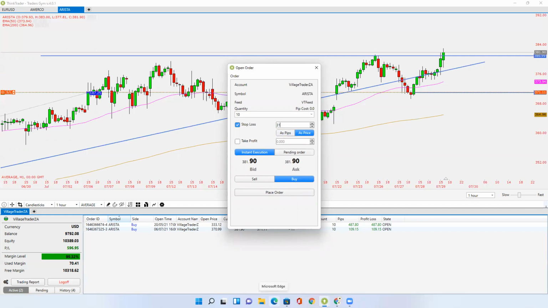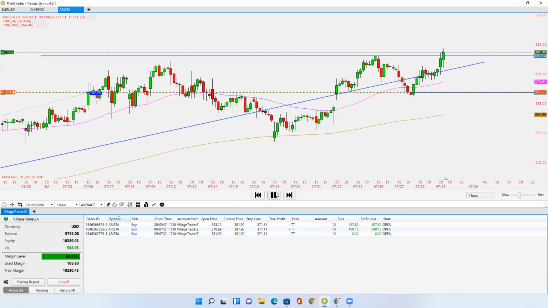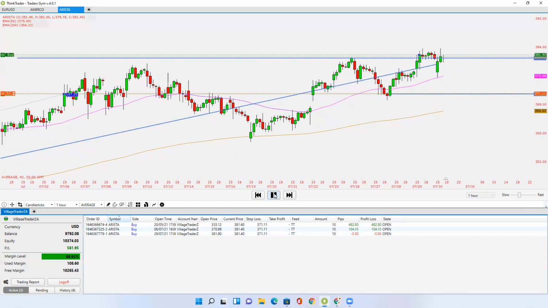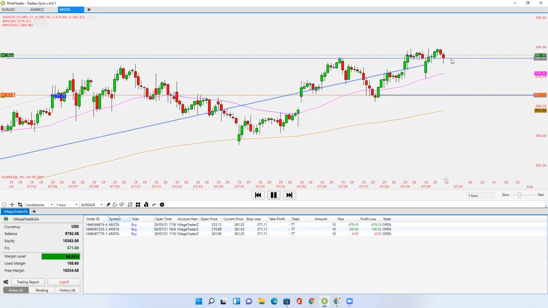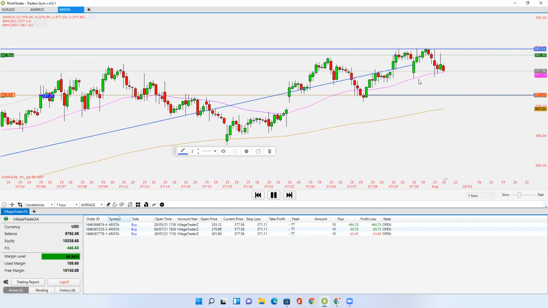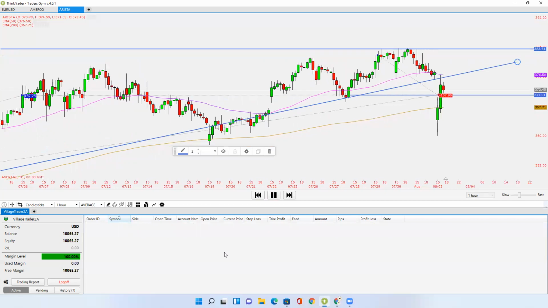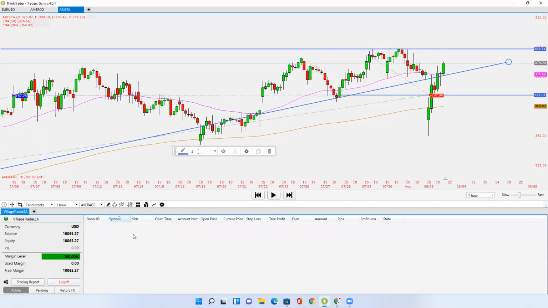Three, 7, 11. So when the market makes a new high close, you got stopped.